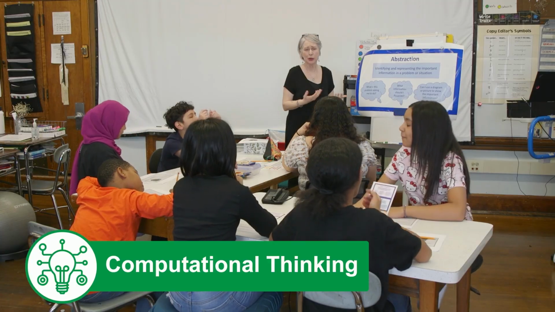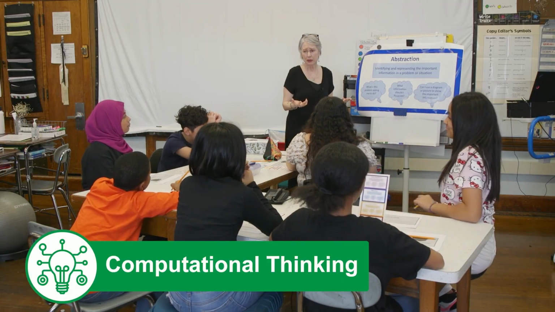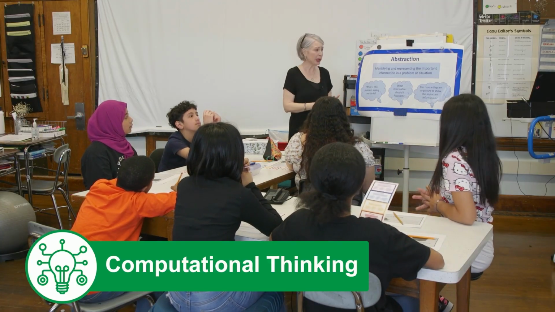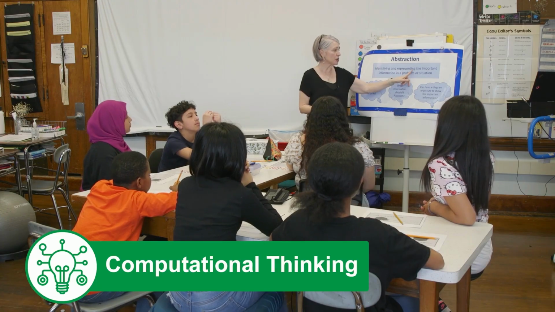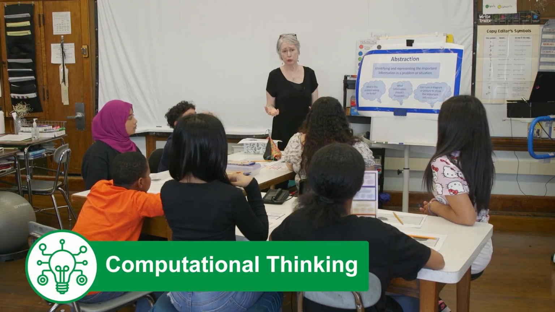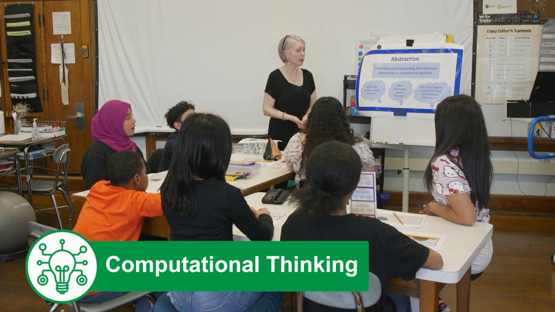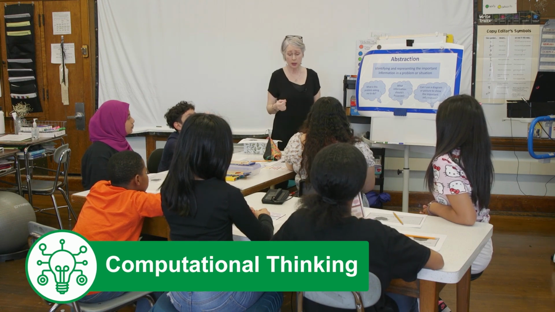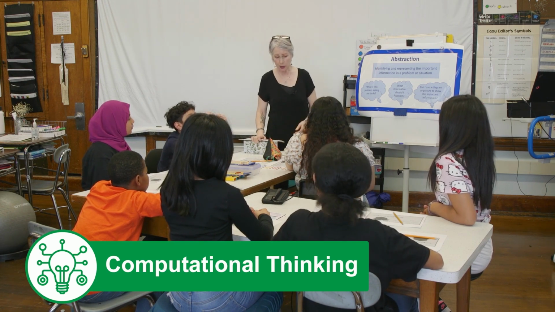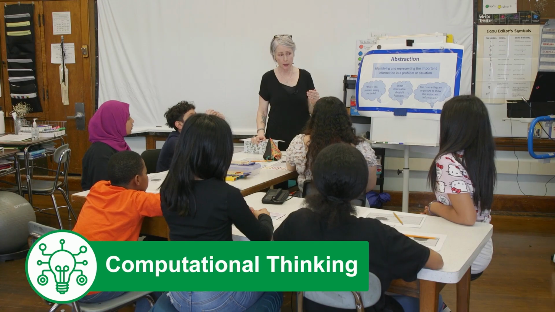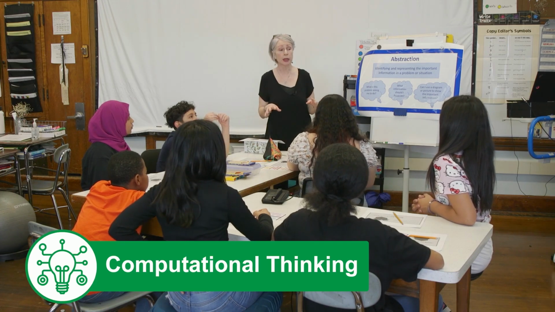So when you identify, what are you going to do? Show it, point it out. When you represent it, you already said that you are showing the important information in a problem or a situation. The last time we worked on something, we had a story and the people in the story were running.